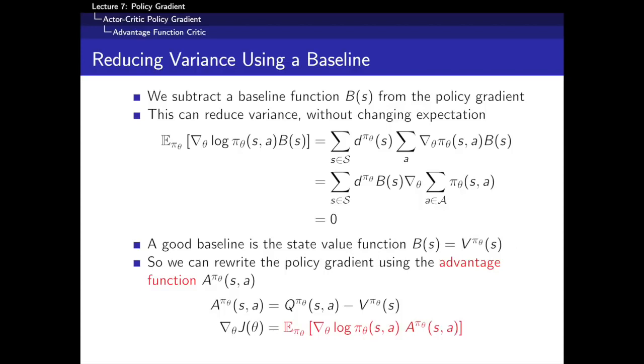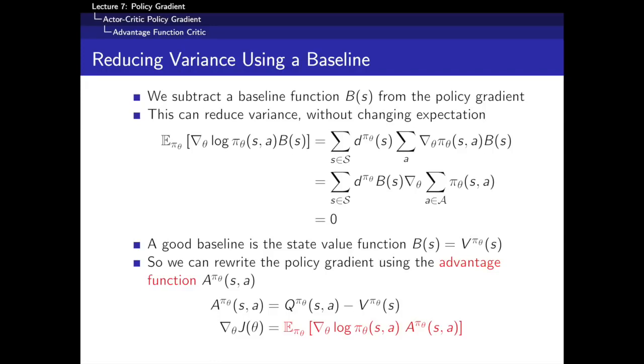Very briefly, if we just expand this out, our expectation is over states, multiplied by the gradient of our policy, multiplied by the baseline. We can pull the baseline outside of this sum because it doesn't depend on the action. We can pull the gradient outside of this sum, and then we know that our policy sums up to 1.